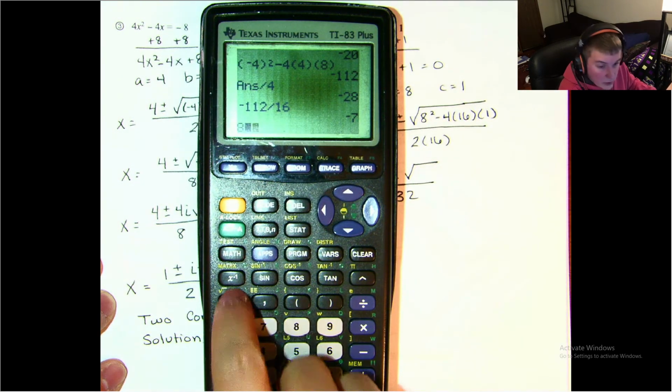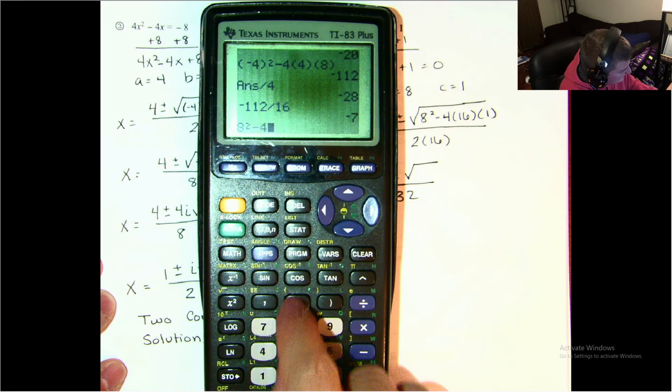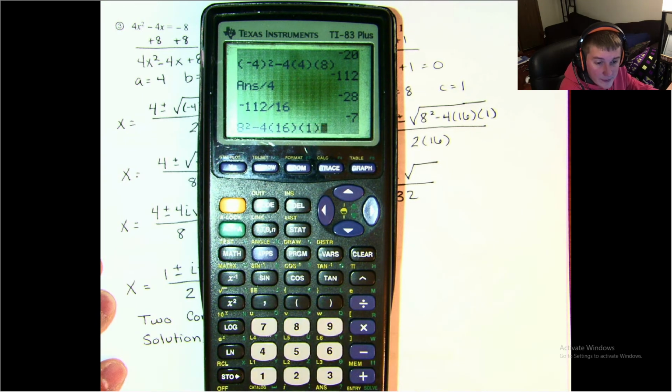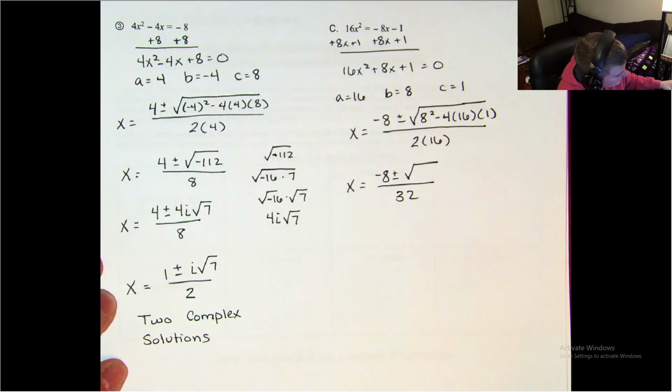So 8 squared minus 4 times 16 times 1, which is 0.